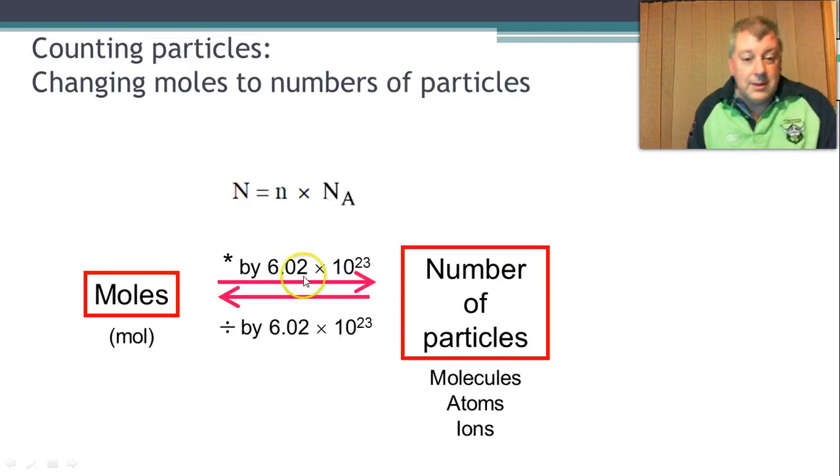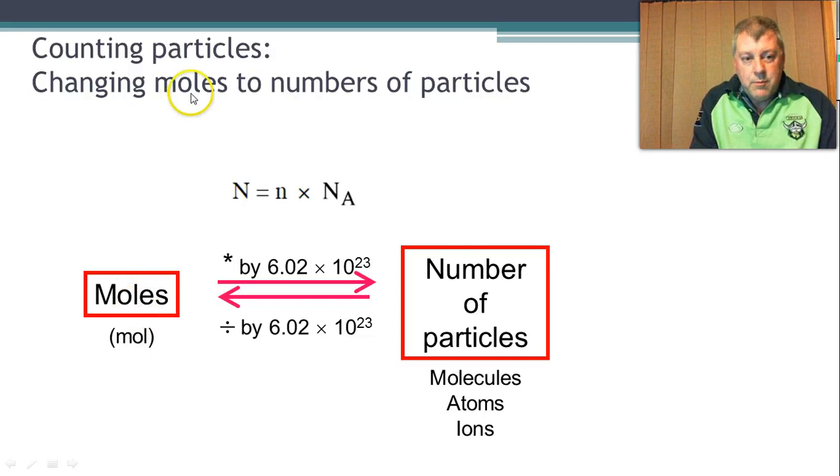So, what does that mean? We've got N, the number of particles, equals the number of moles multiplied by Avogadro's number. You can rearrange this, or remember it one way or another. This is a way you sometimes see it. Here we have the number of particles, and here we have moles.